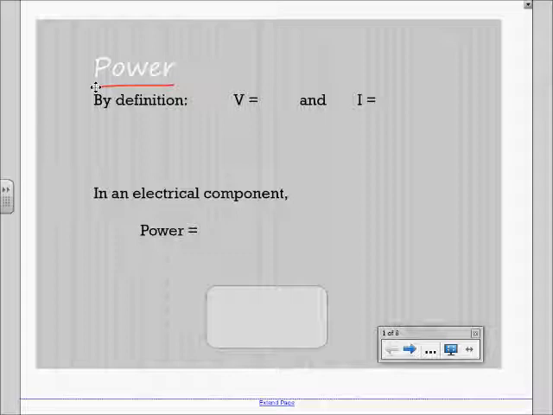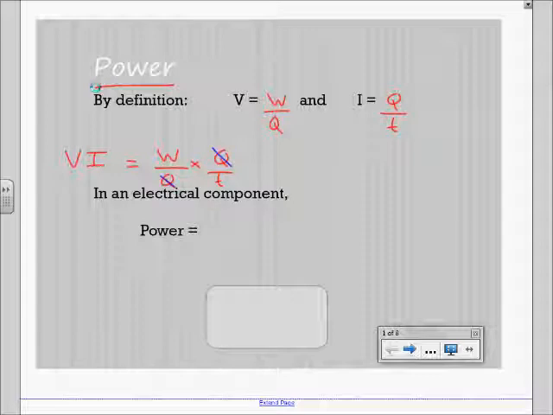Going back to our basic definitions, potential difference V equals W divided by Q, and current I equals Q divided by T. If we take those two quantities and multiply them together, V times I, we get W divided by Q multiplied by Q divided by T. The Q's cancel out.